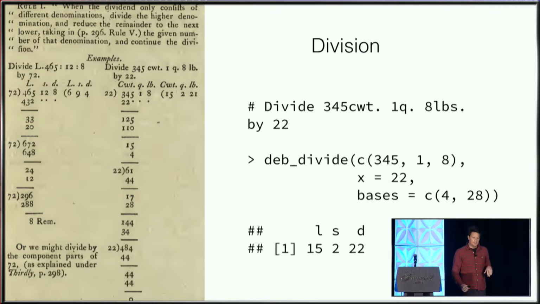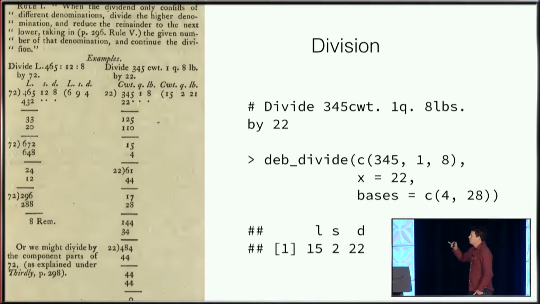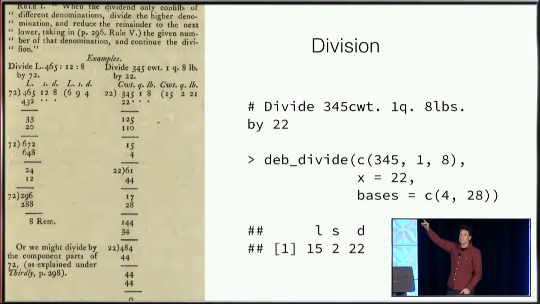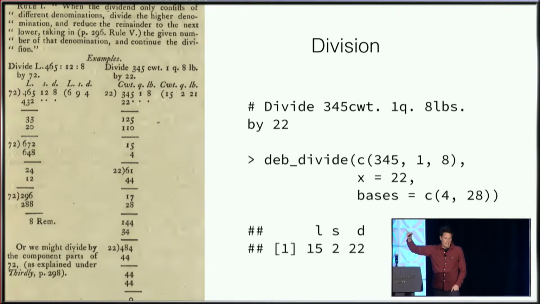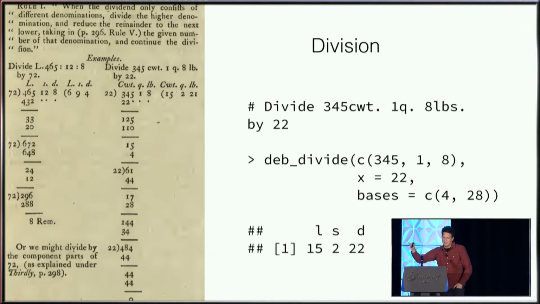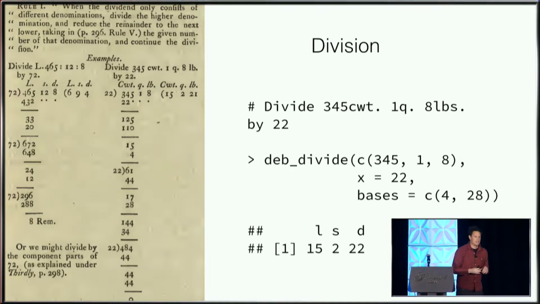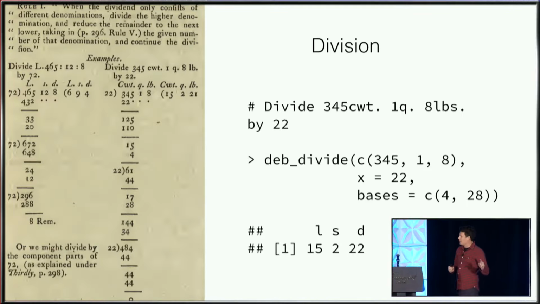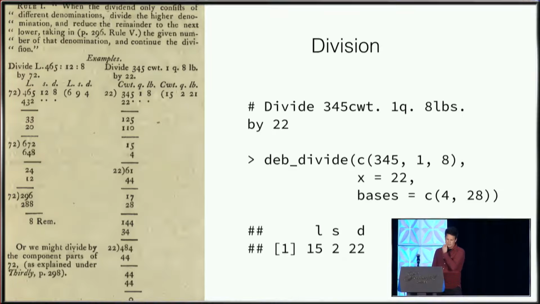Division is even harder. So I'm going to concentrate on, there are 2 examples here, but the example on the right is, and here we get to different bases. So this is a weight. So it's dividing 345 hundredweight, 1 quarter, and 8 pounds by 22. And if you try and figure out what they're doing here, it's really confusing. And they have little dots to figure out where they are, but it's not helpful.